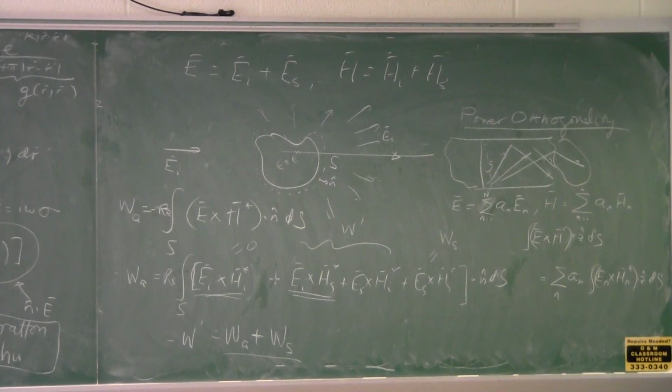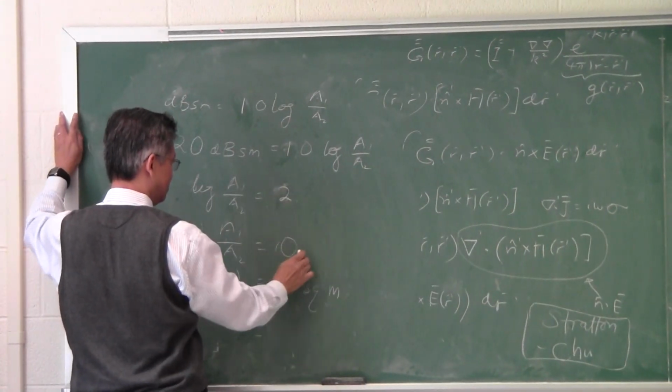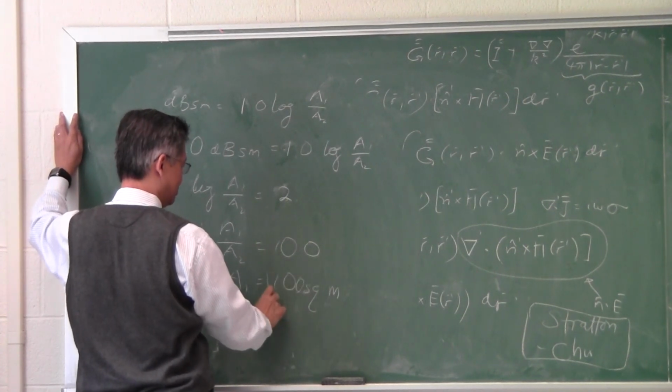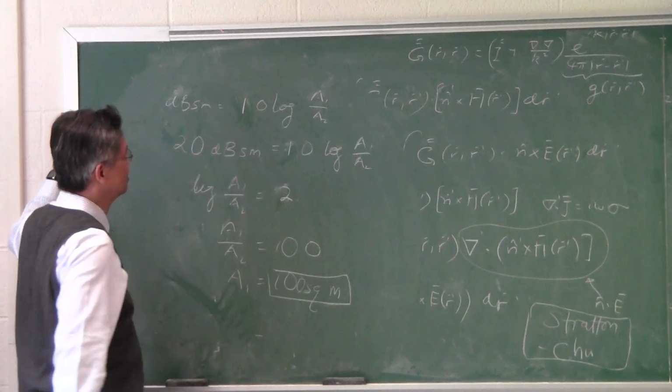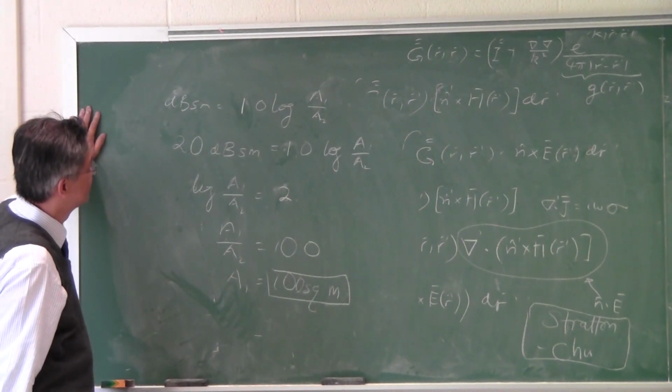So you should put a 10 here, because you could just as easily multiply the incident powers. If we put 10 here, then this should be a 2, and it should be 100 square meters. So I guess it depends on whether you put a 10 or a 20.